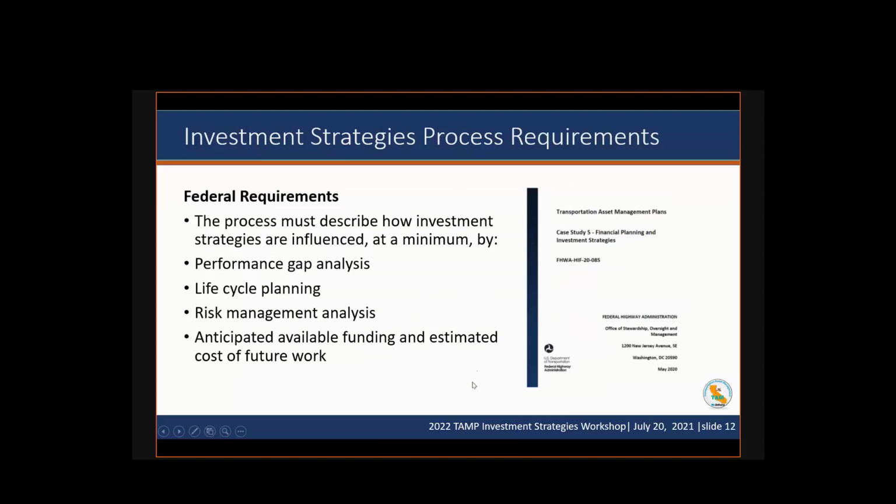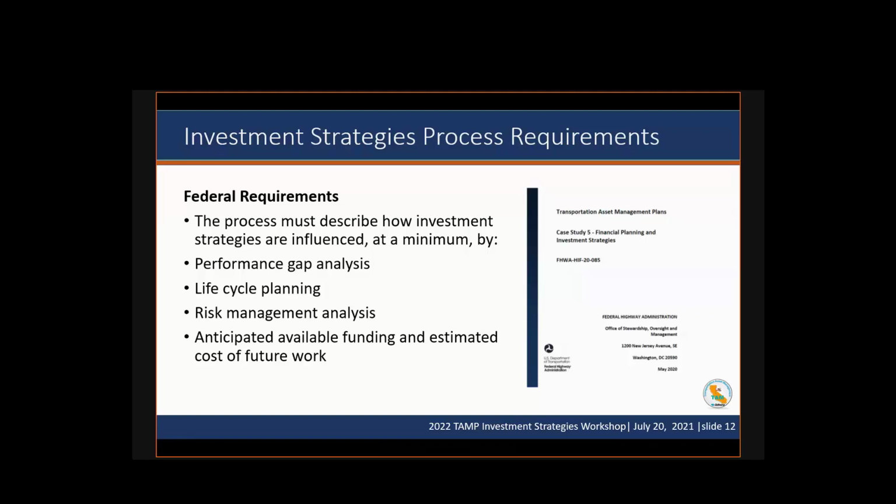So the federal requirements, because just a reminder, we have both federal and state requirements that we have to meet in California. And that makes it a little trickier than maybe for some agencies that only have one, because we've got to really thread the needle between what's required under California state law and also what's required under federal regulation. Under the federal requirements, this investment strategy is a process to describe how our investments are influenced by performance gap analysis.